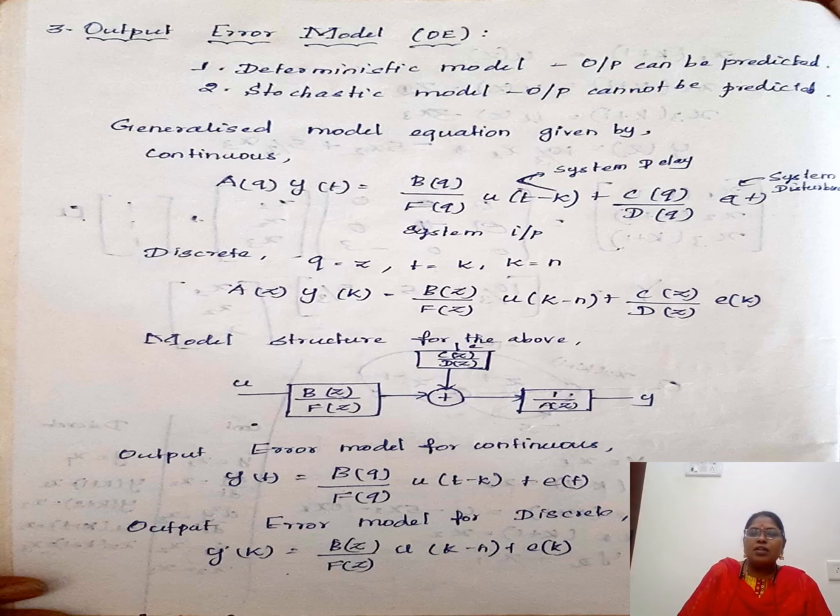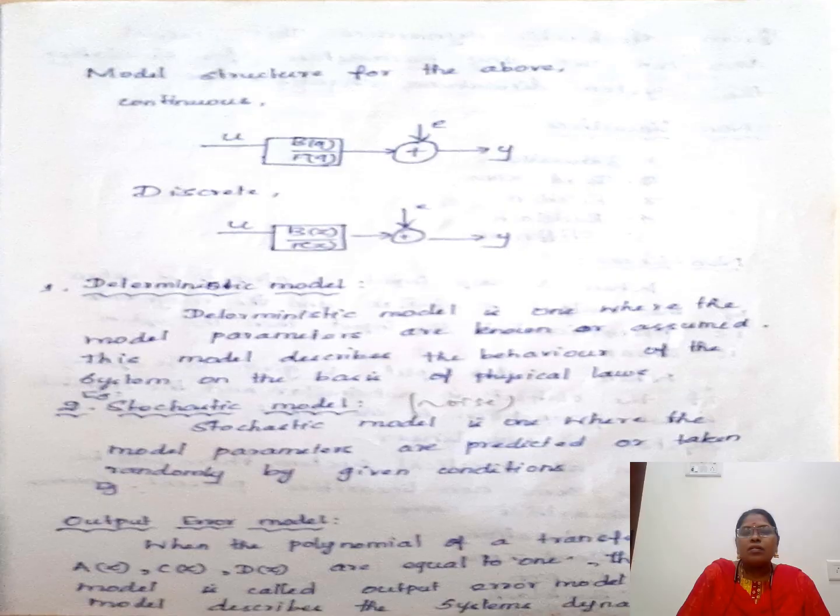The output error model for a continuous system we can consider as B by F of q into u of t minus k, plus e of t. Here C and D you have to take as 1, and A also as 1. A deterministic model is one where the model parameters are known and assumed. It describes the behavior of the system on the basis of physical laws, so we have to apply some laws to get it. But a stochastic model is one where the model parameters are predicted or taken randomly.